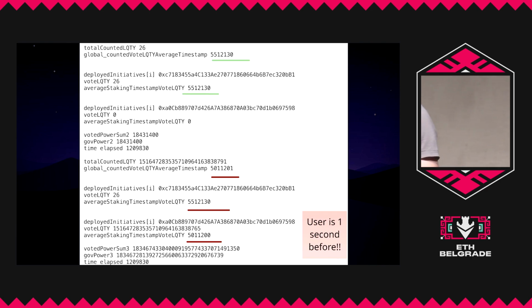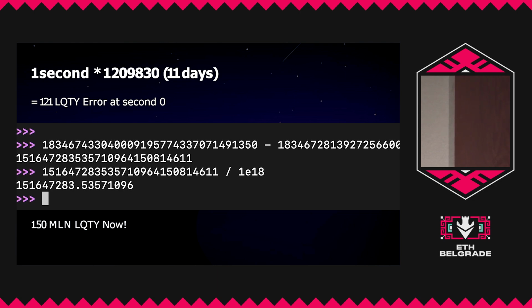What that means is that this 1 second error could be off for every user. In this specific example of depositing a bunch of liquidity and then waiting a week, an error that starts as about 15 liquidity will be magnified to about $151 million of liquidity in error.